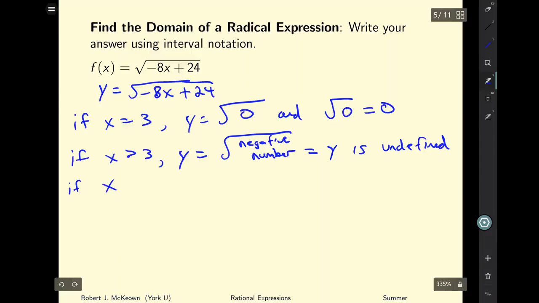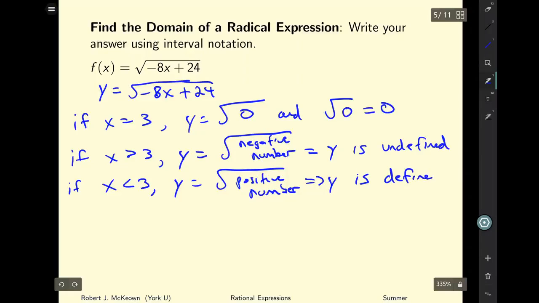If x is less than 3, then y is equal to the square root of a positive number, and y is defined. It's going to be a real number.